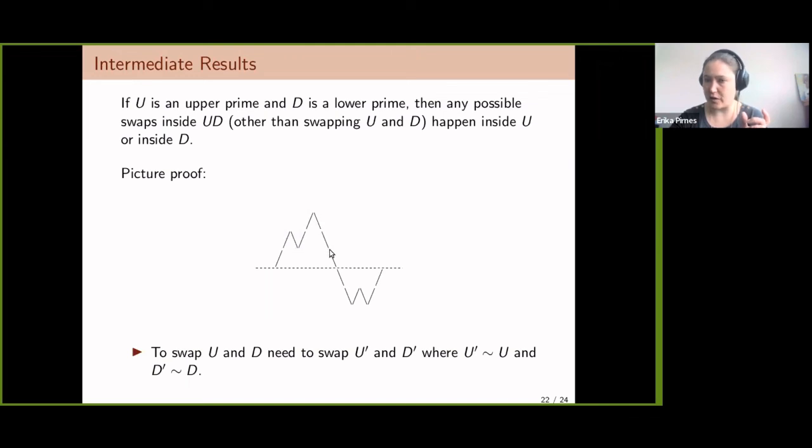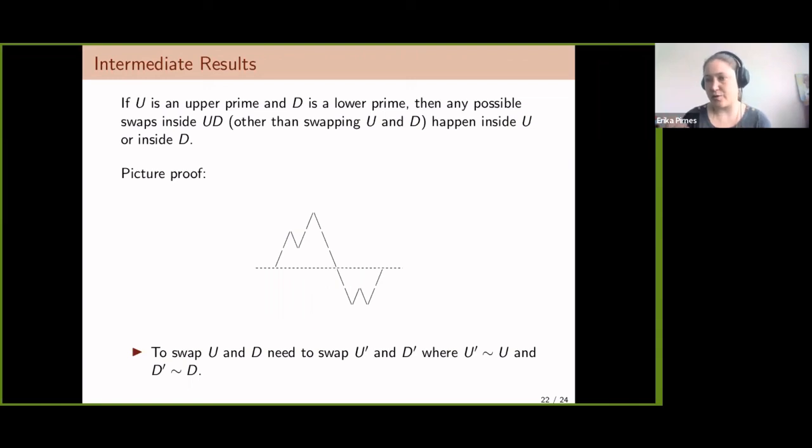I have first the smaller peak, then the bigger peak. Maybe if I swap those first, that's not the same word anymore. Then I can swap these two bigger words and then kind of switch back. Then I have achieved this relation UD equals DU from something else.